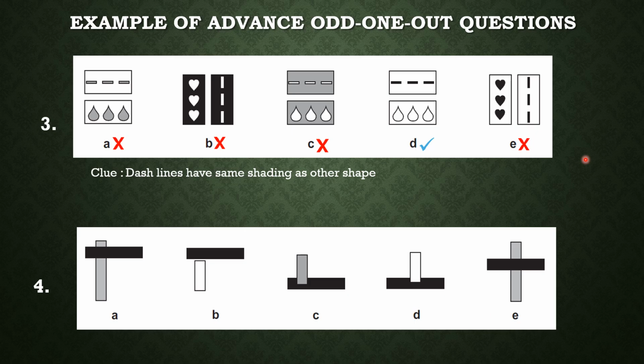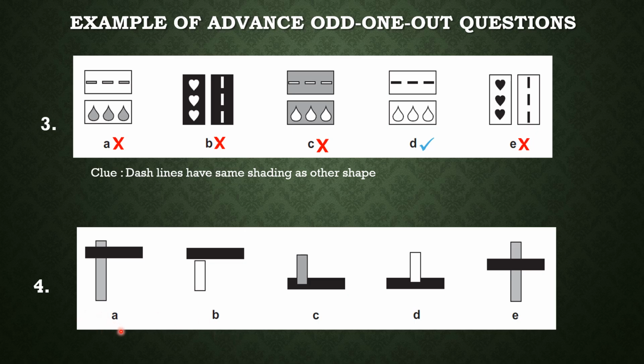Let's have a look into the next example here. In this example, we see two rectangular lines in all the shapes, and their length cannot be the clue because they all have a different length. But we do see one common pattern.